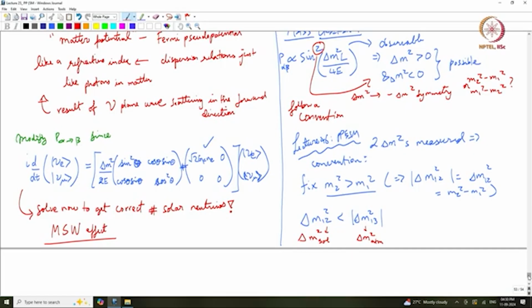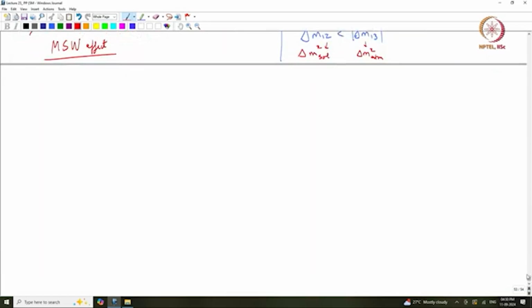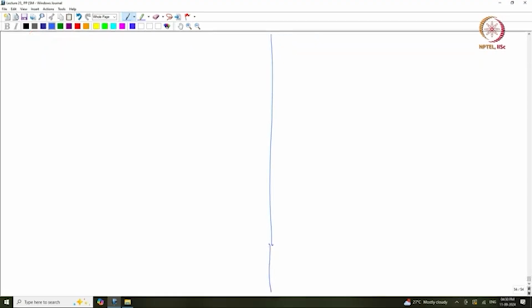So now how many free parameters do I have? How many observables do I have actually at this point? So I have 3, right. How did I get 3? 3 observables. What are they? Delta m12 squared, delta m13 squared, but I did not fix the sign of this, correct.